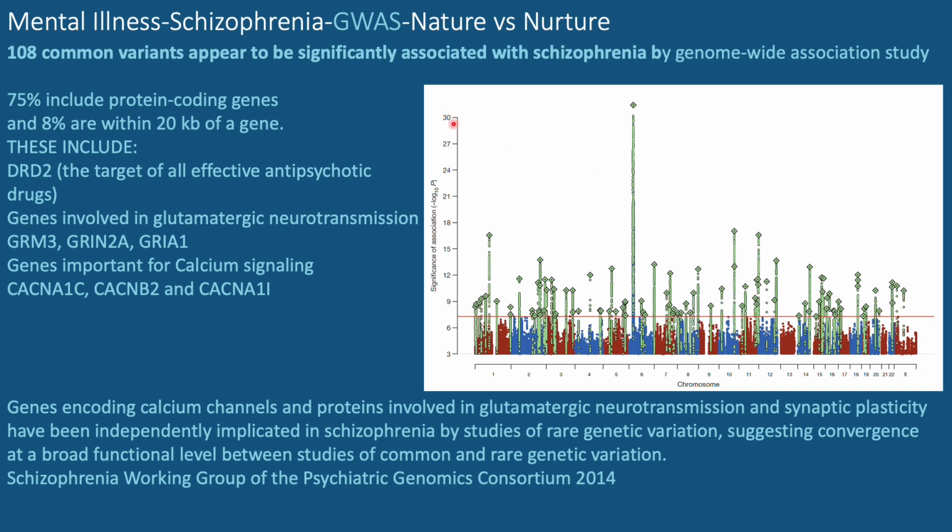What we see on the y-axis is the significance of the association with the disease, schizophrenia. This red line represents the significance limit for these associations, meaning that anything above this line is significant.